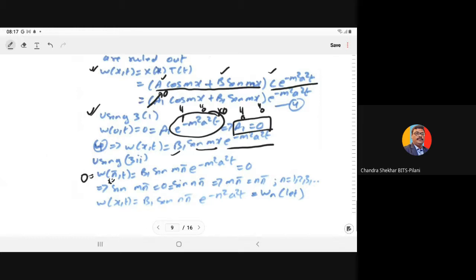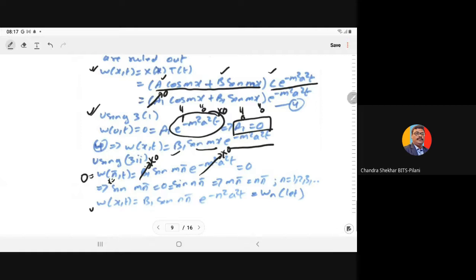Naturally b1 cannot be 0, and the exponential cannot be 0, otherwise we have the trivial solution. For the non-trivial solution, b1 is non-zero, so only sin m pi can be 0. Sin m pi equals 0, and 0 equals sin n pi for n equal to 1, 2, 3, so m is equal to n.